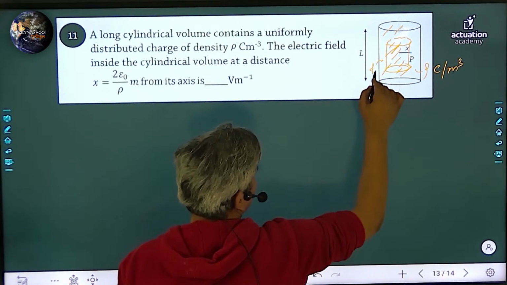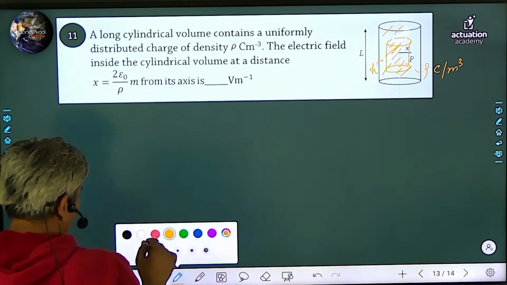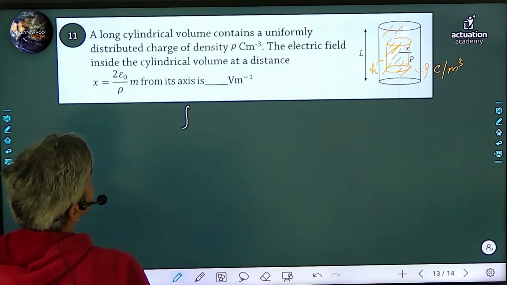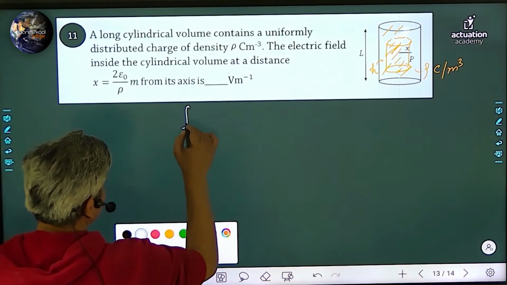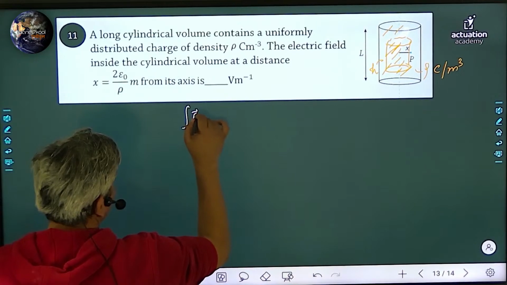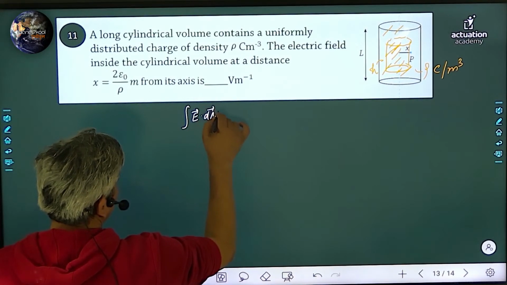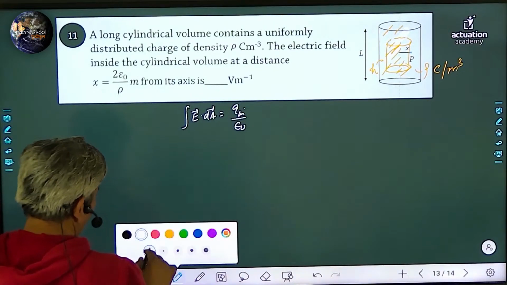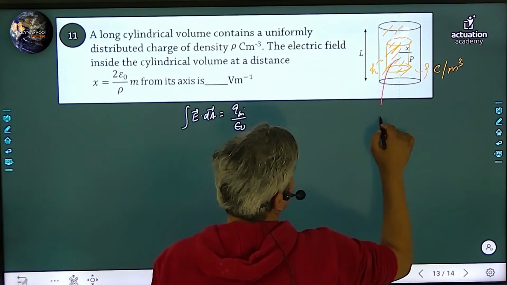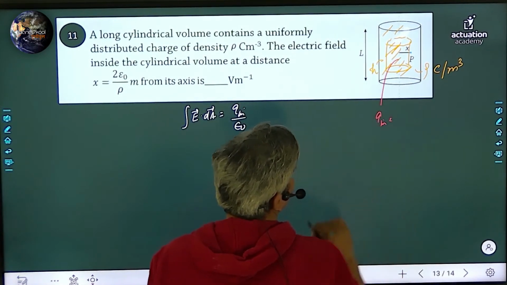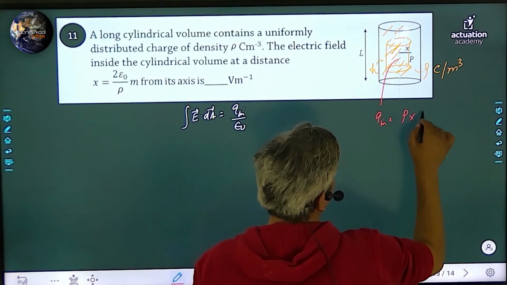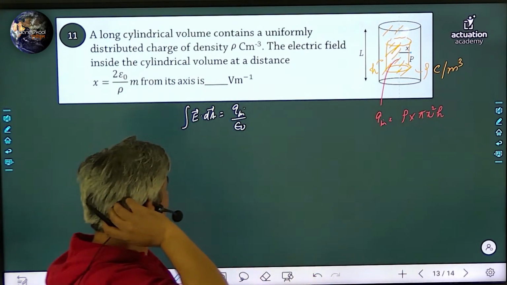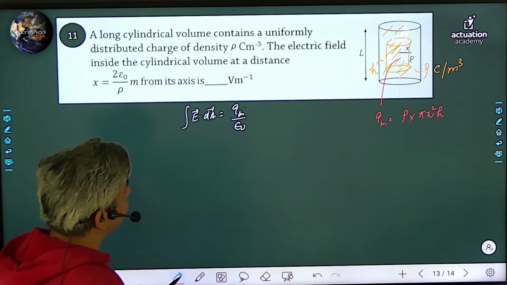So let's say H. Now Gauss law says that flux, which is E dot dA, is equal to Q in by epsilon naught. Now let's calculate Q in. Q in this small cylinder is rho into volume of this cylinder, pi x square h.